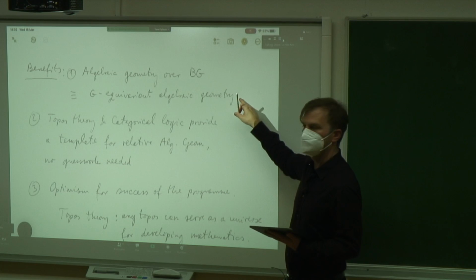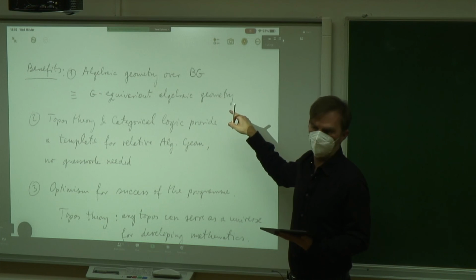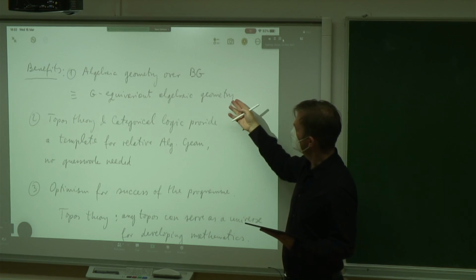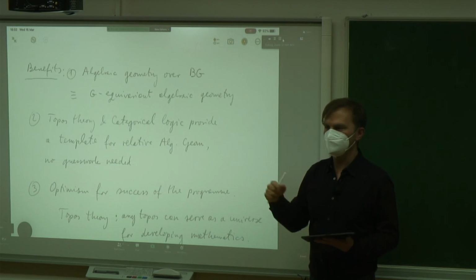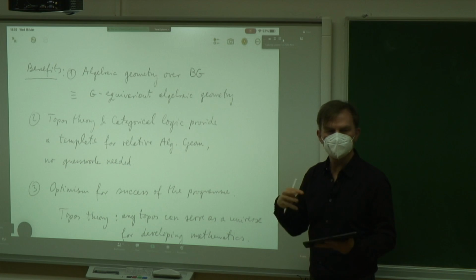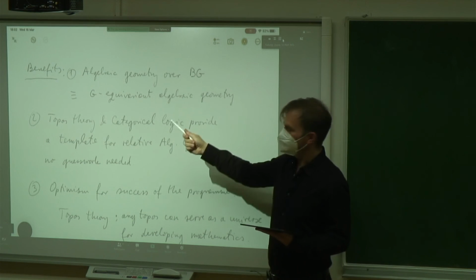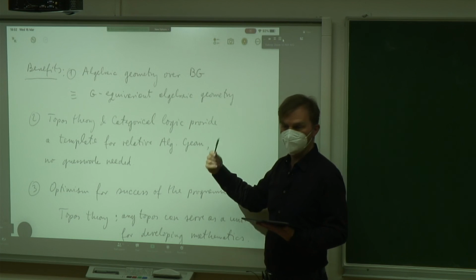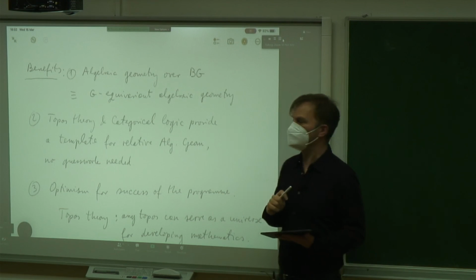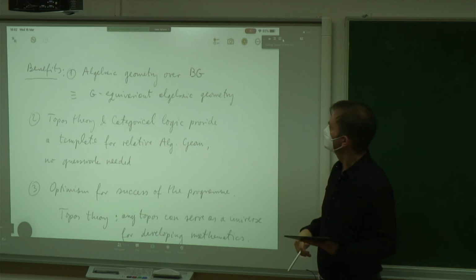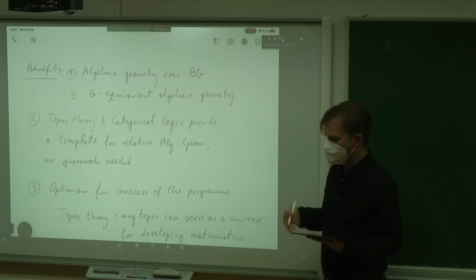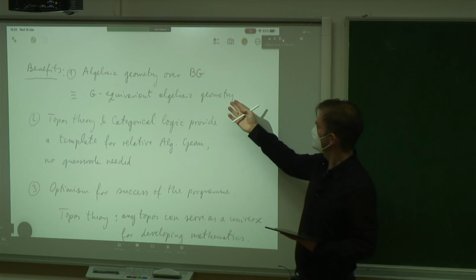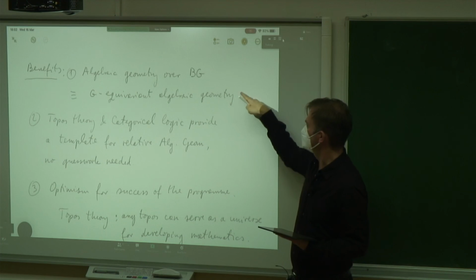And people do consider these from first principles, but they simply define everything. What does it mean to be G equivariant, etc., etc.? But all these definitions fall out as properties when you develop algebraic geometry following this strategy over the base topos BG. So you don't have to guess your way in this direction.